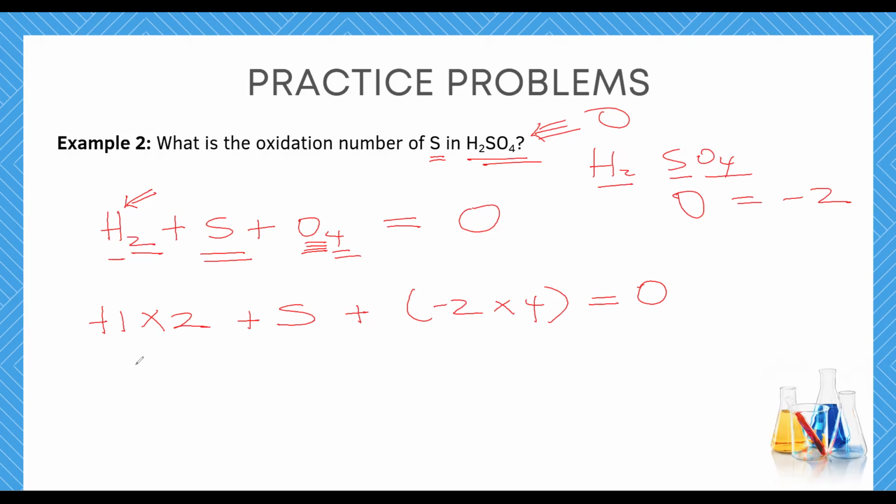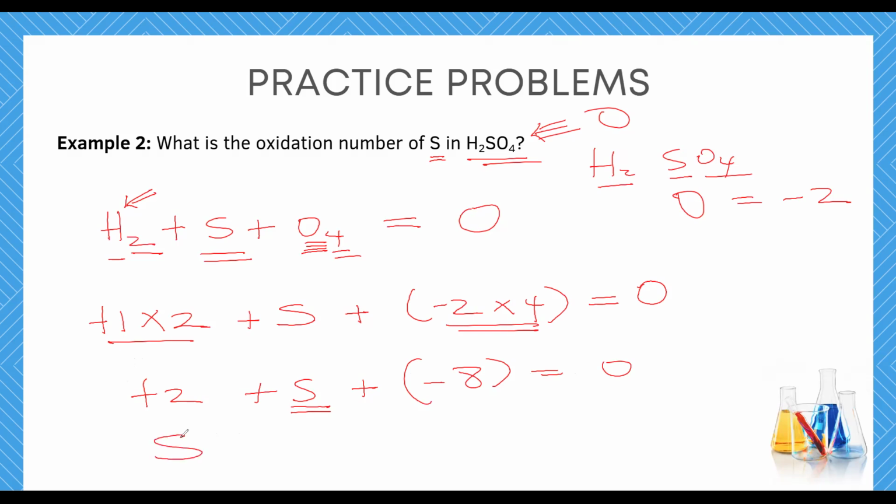So therefore, let's put it out now. 1 times 2, we have +2 plus S plus this bracket here has -2 times 4. That gives us -8 is equal to 0. So now let's collect the like terms. This one can stand alone because it's the odd one among the lot.